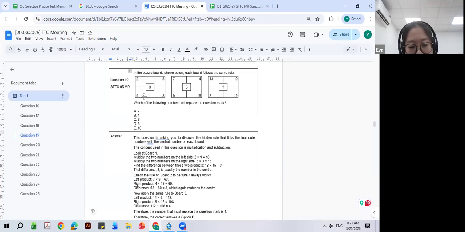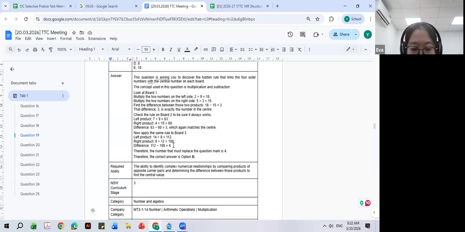You can see that 2 multiplied by 9 is 18, and the two right side numbers are 5 and 3. The product is 15, and we find the difference by 18 minus 15 equals 3. And this rule is true for the second puzzle. So we will apply it to the third puzzle.